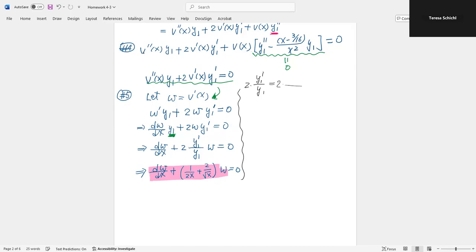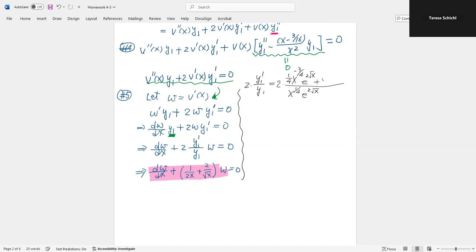Now y1, like the problem gave us, is x to the 1/4 times e to the 2 square root of x. Now for y1 prime, we just take the derivative. It's the product rule. Then x to the 1/4 gives 1/4 x to the negative 3/4, and hold the other term unchanged.